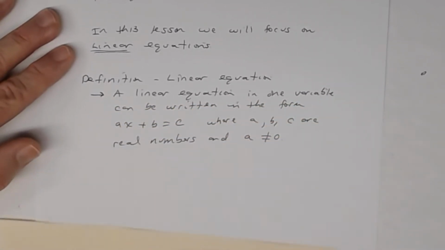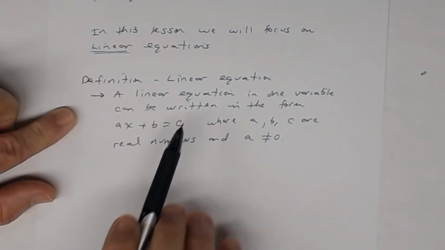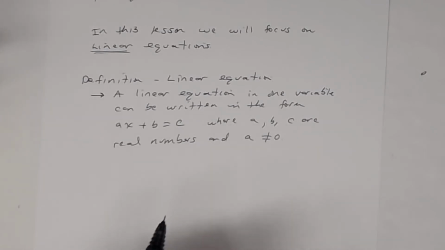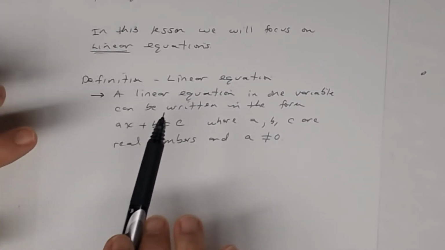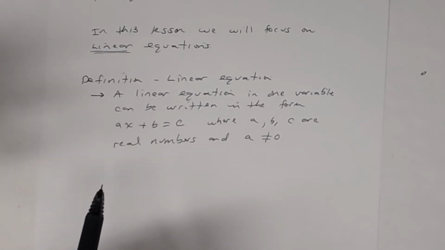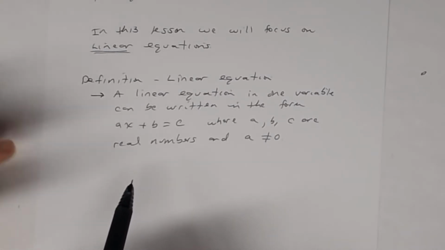A linear equation in one variable, and notice I use the words one variable because there are linear equations that have two variables like x and y. But for us, we're only going to deal with linear equations that contain just one variable. Most of the time it'll be the variable x, but you could have equations with other variables instead of x.